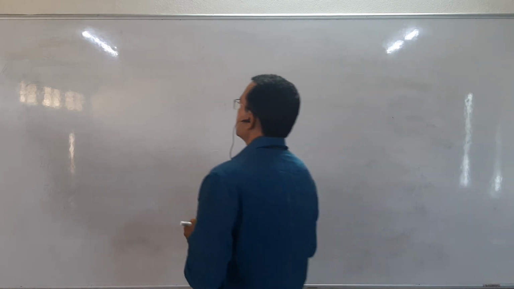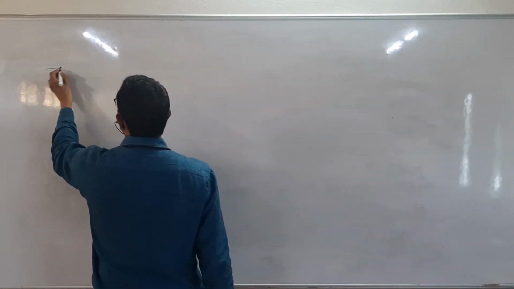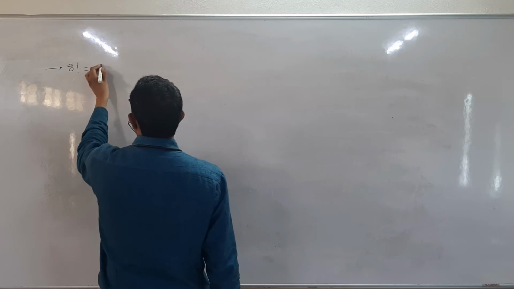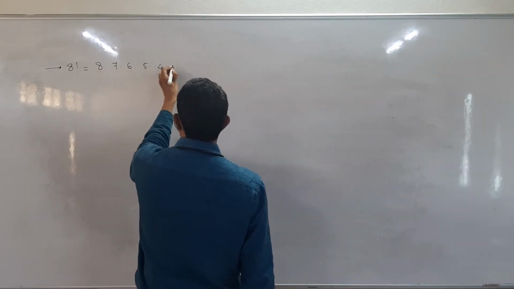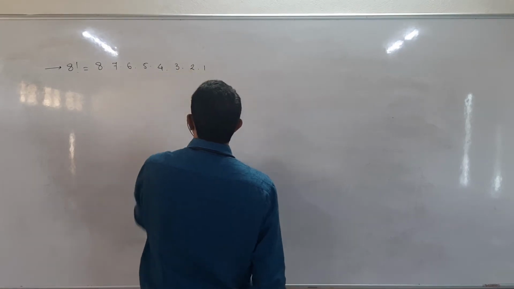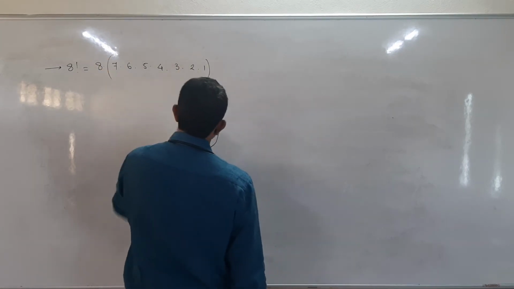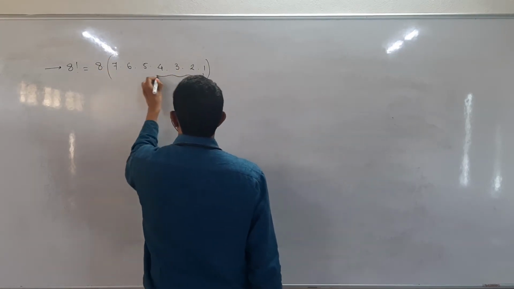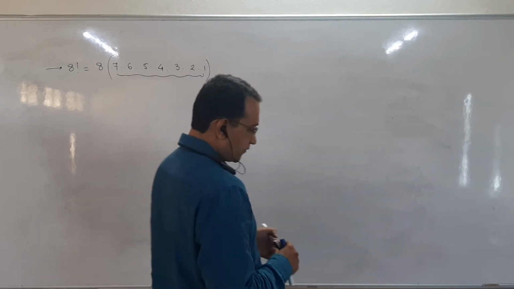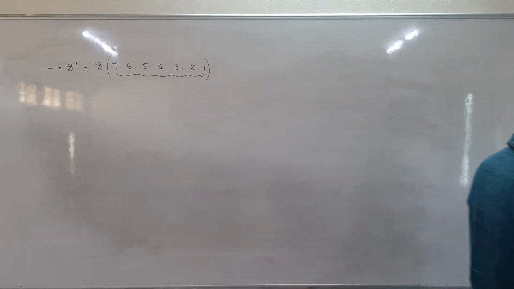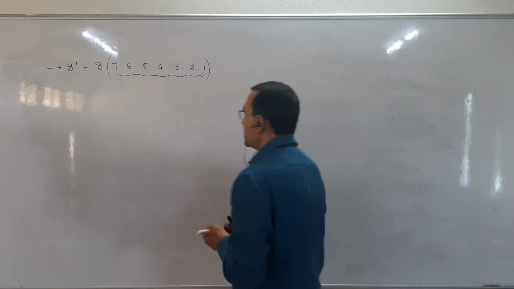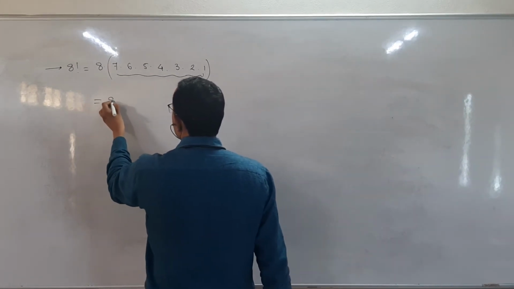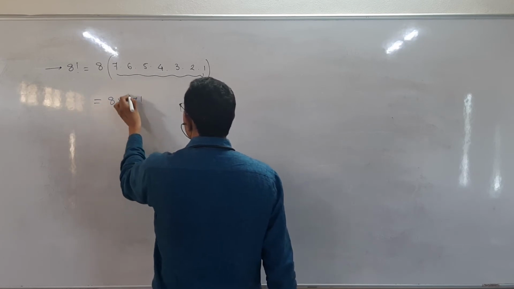Now say, students, I have 8 factorial. It is product of 8, 7, 6, 5, 4, 3, 2, 1. I put here a bracket. This is what? According to definition, this is product of first 7 natural numbers. So I can write this as 8 into 7 factorial.